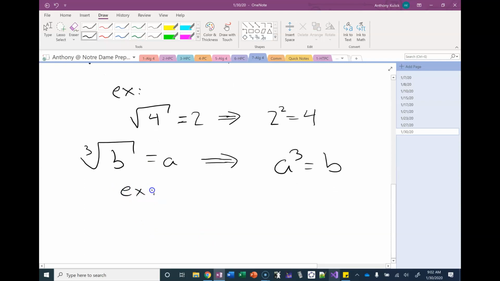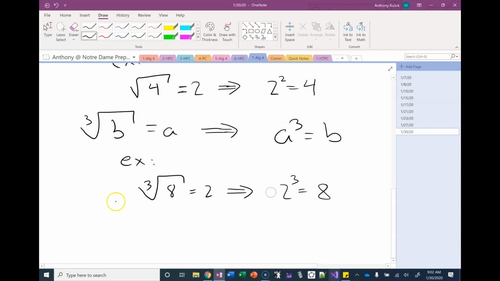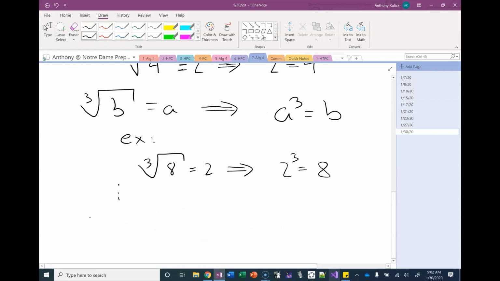So, for example, if I had the cube root of 8 is equal to 2, that's because 2 to the third is 8. Everybody okay with that idea? So we can keep doing this for each individual radical, but that's kind of annoying. Let's just do it once in general for the nth root.